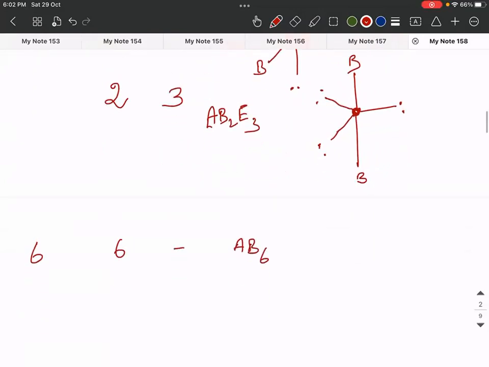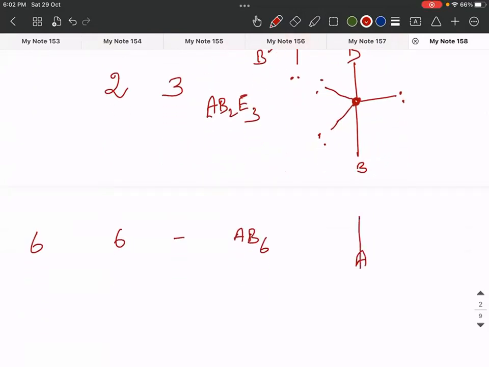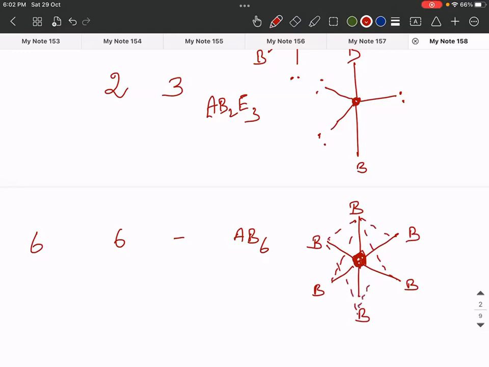So when you are drawing the molecule, A is the center, 1, 2, 3, 4, and B, B. So what is the shape? I will draw first how the octahedral looks.